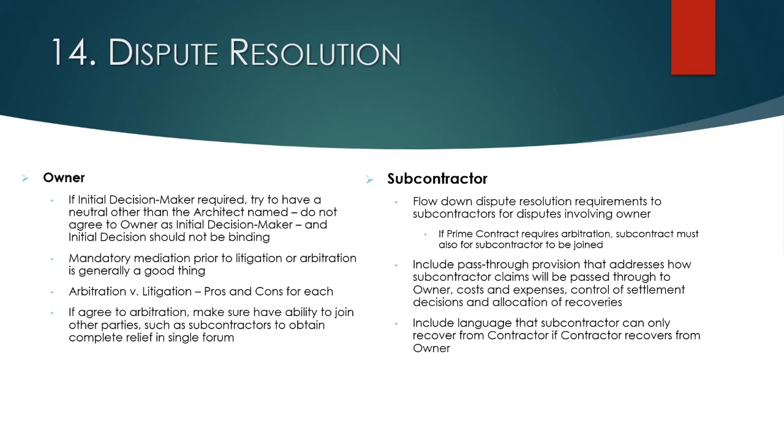Also include pass-through provisions that address how the subcontractor's claims, to the extent they only relate to the owner, are going to get resolved, who's going to control the settlement, and who's going to control the litigation. Finally, in the subcontract agreement, include language that says the subcontractor is only going to recover from the contractor if the contractor recovers from the owner. That's critical.